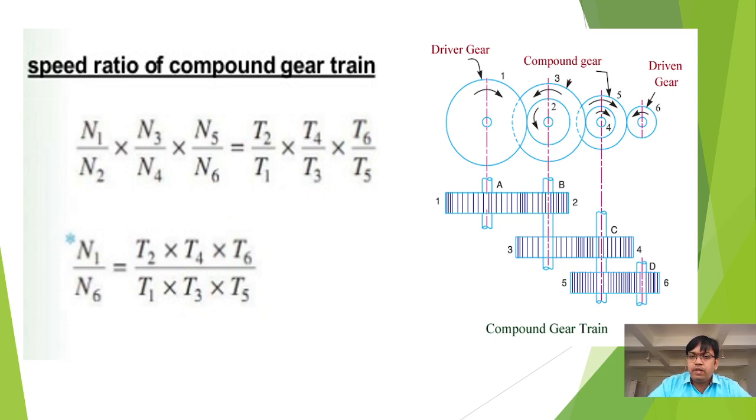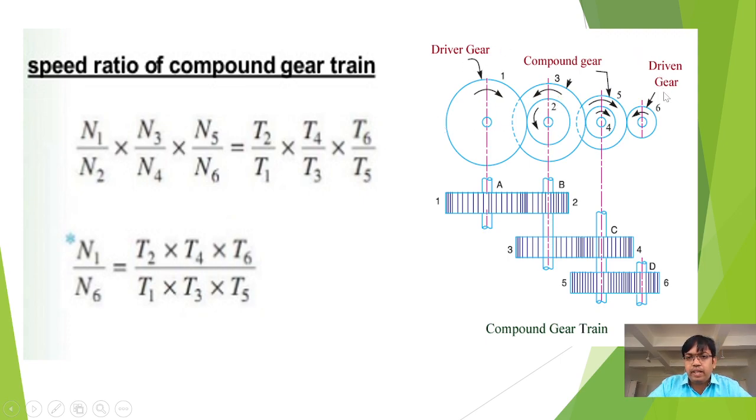As I already told you, gears 2 and 3 are compound gears, and 4 and 5 are also compound gears. When you have compound gears, the speeds of those two gears are the same. That is, the speed of 2 and 3 is the same and the speed of 4 and 5 is the same. Therefore, N2 and N3 get cancelled, and N4 and N5 get cancelled.